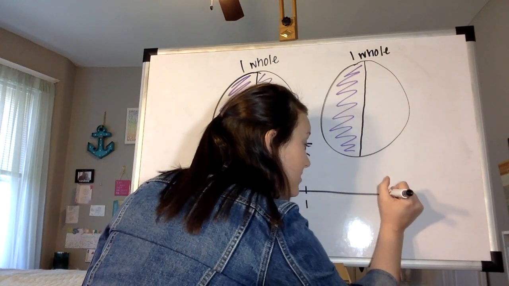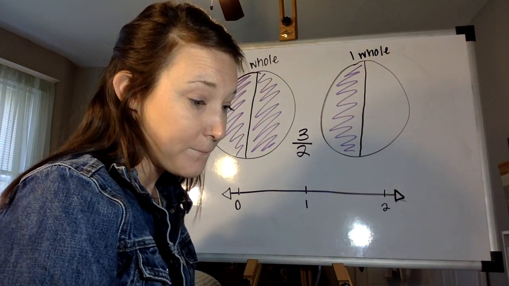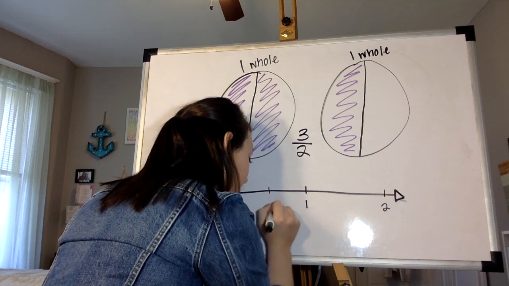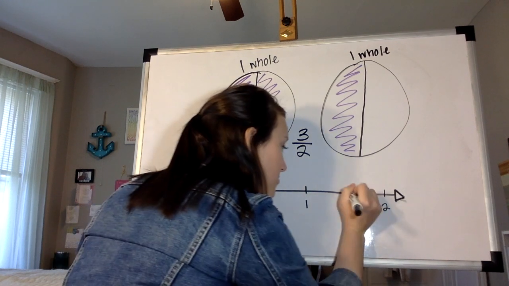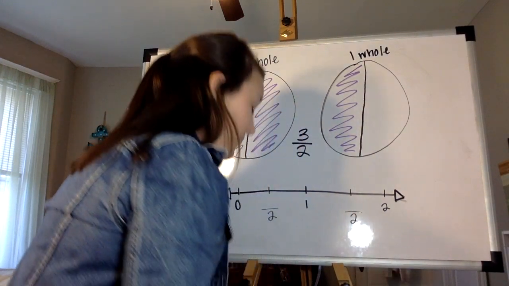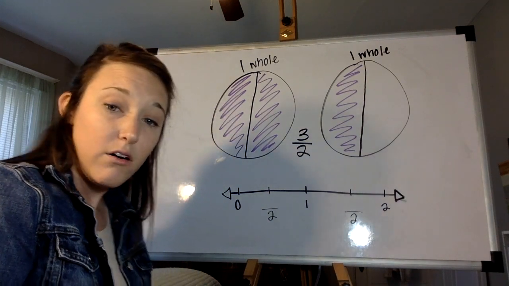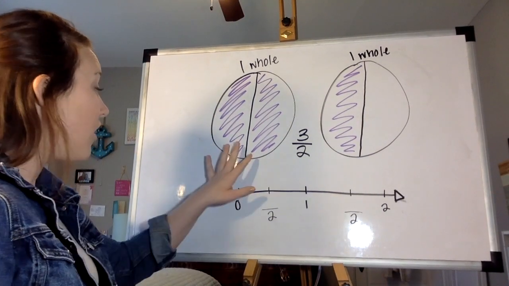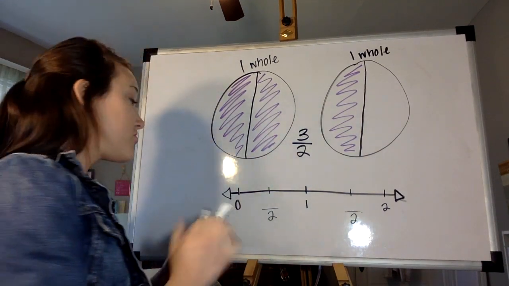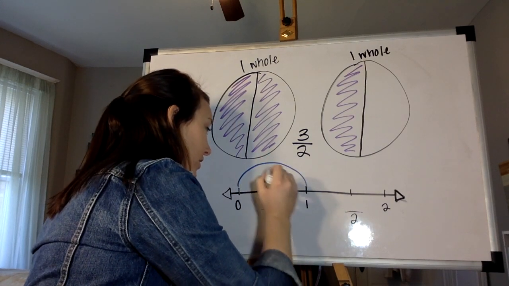So they also give us the 2 tick, okay? And then they give us a tick right here with the fraction bar over 2, and a tick right here with the fraction bar over 2. Okay. We need to fill it in. Well, think about our first whole, okay? Our first circle, so I'm just going to do a little half circle here.